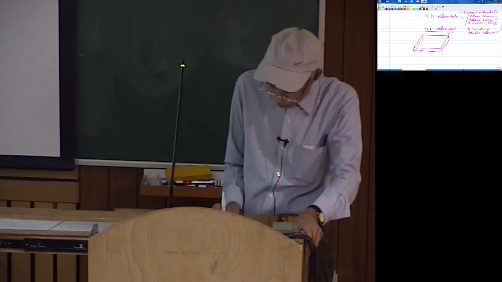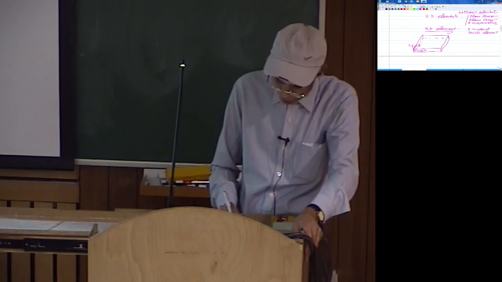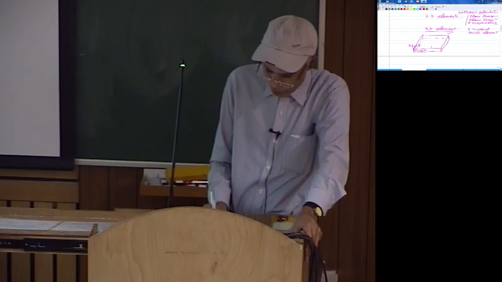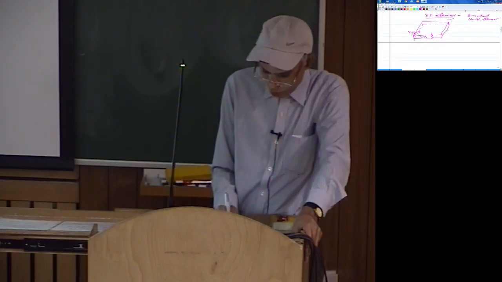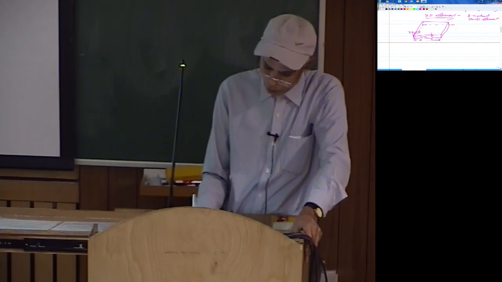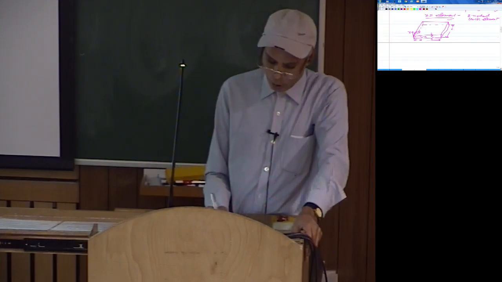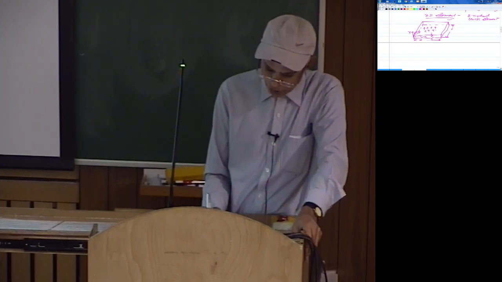Suppose this is the x-axis, I am just choosing a coordinate system, and it has a certain thickness, say h. In plane it can be any shape, but for simplicity let me take a rectangular plate, and this dimension is b. The loading is now transverse, meaning the loading is along the z direction, normal to the plane containing the significant dimensions of the structure.